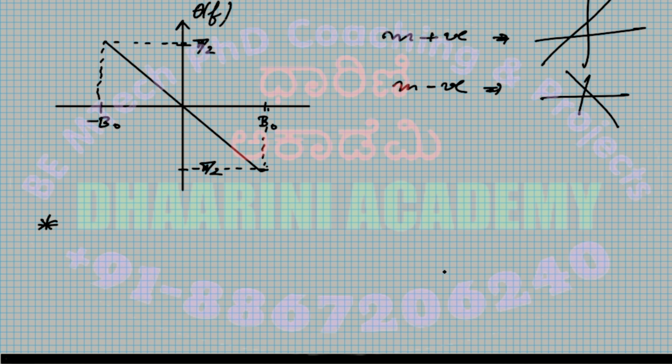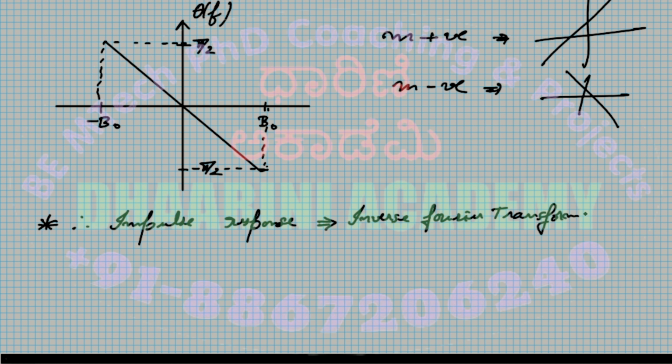Now we can write the impulse response. You take the inverse Fourier transform of h of f. Impulse response is denoted by h of t, the response in the time domain.